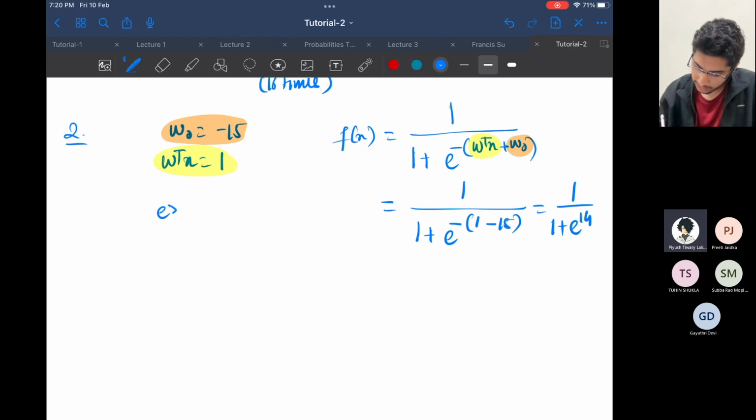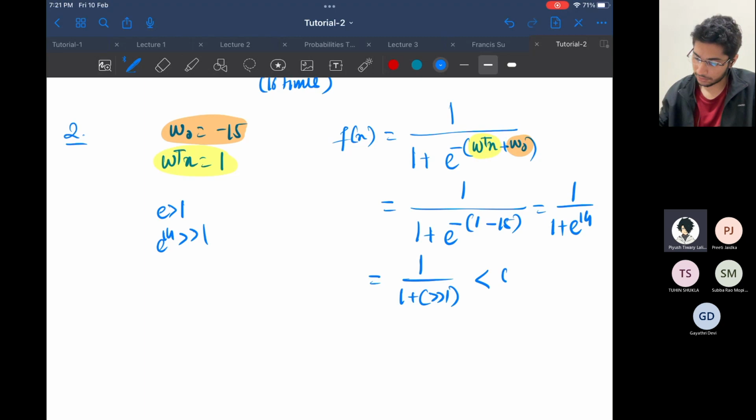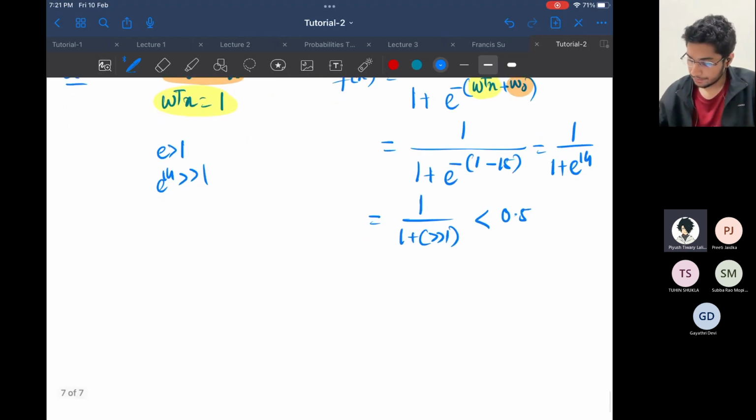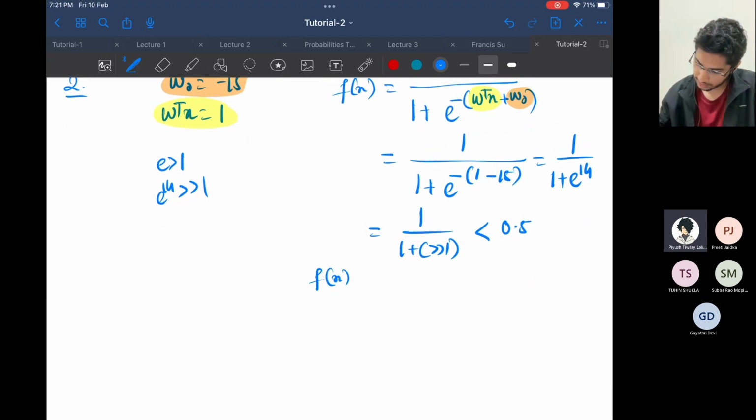I know that e is greater than 1, so e raised to 14 is going to be much greater than 1. So 1 upon 1 plus something much greater than 1 is going to be less than 0.5, because if your denominator is very large, the entire number becomes very small. Since f of x is less than 0.5, the output y is going to be 0.